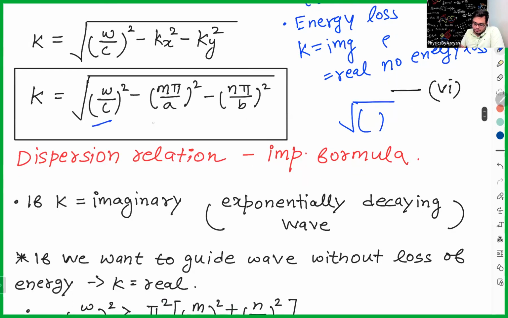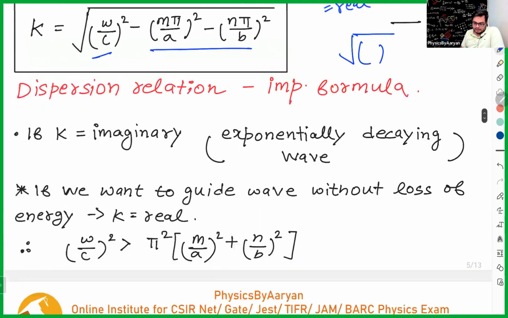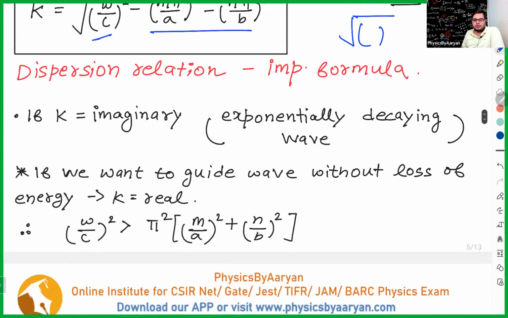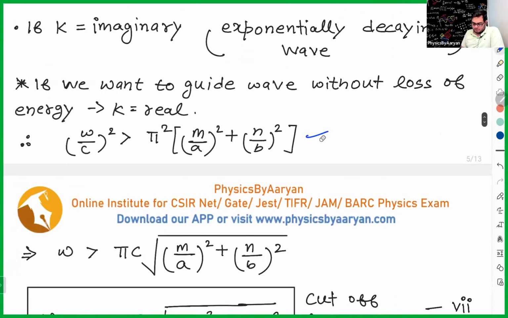So this thing should be bigger than this. That is what I have written. Omega by c square should be greater than pi square times m by a square plus n by b square, where I have taken pi common. So this is my condition.